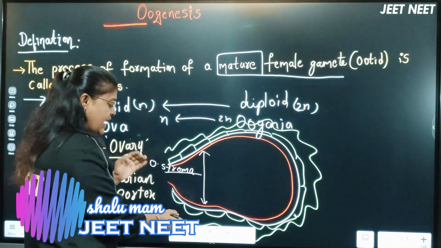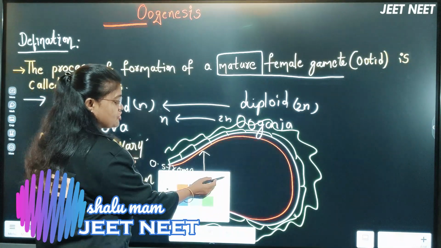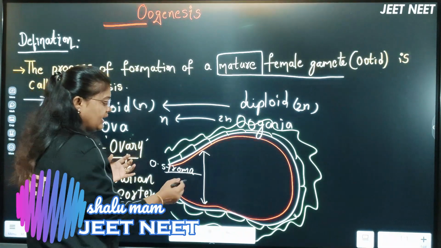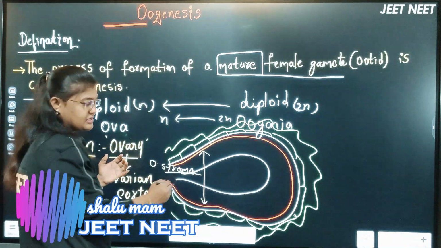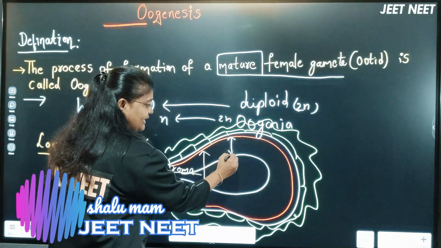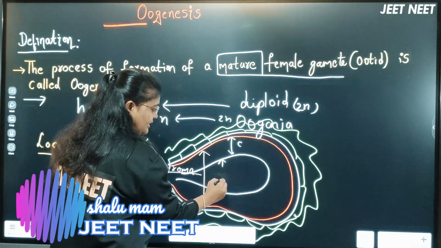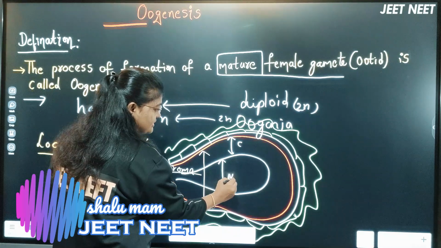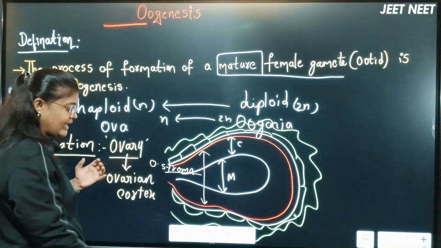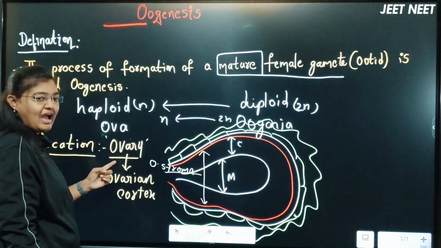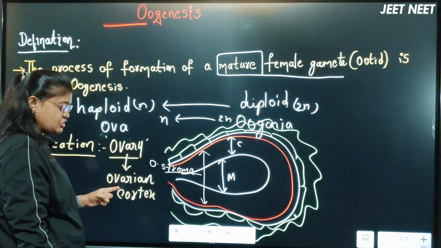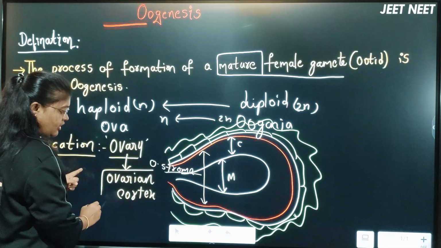In the previous lectures I have explained in detail the structure of the ovary. This ovarian stroma is again divided into two parts. This is the cortex region, and this inner one is the medullary region, right? And the oogenesis process will happen in the ovarian cortex.